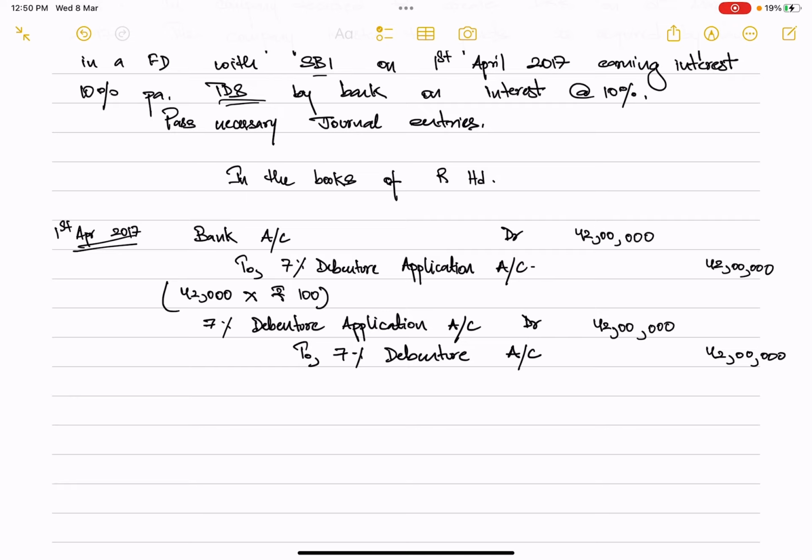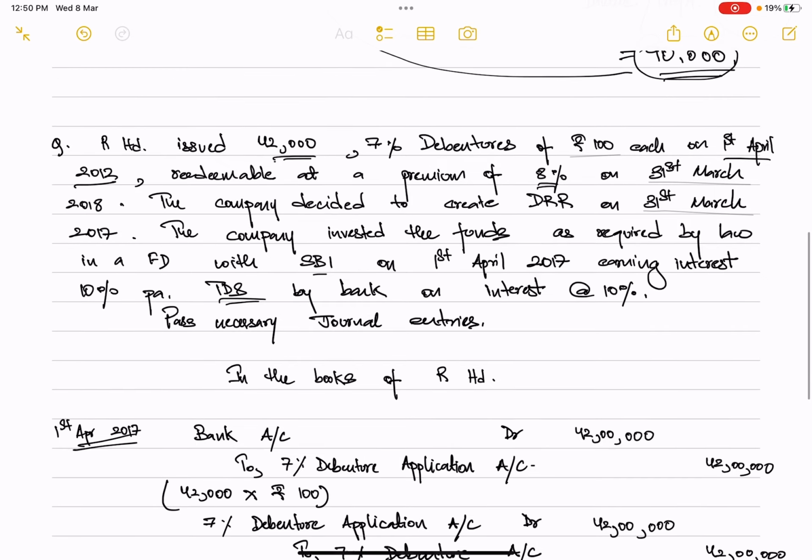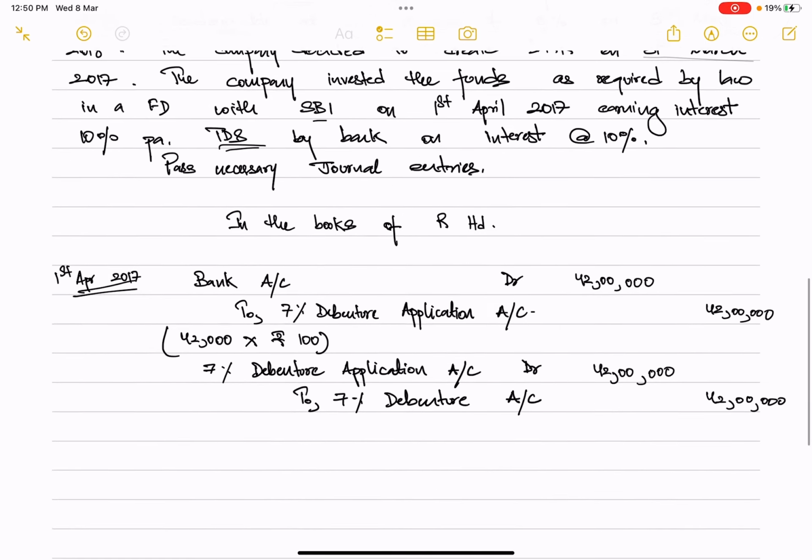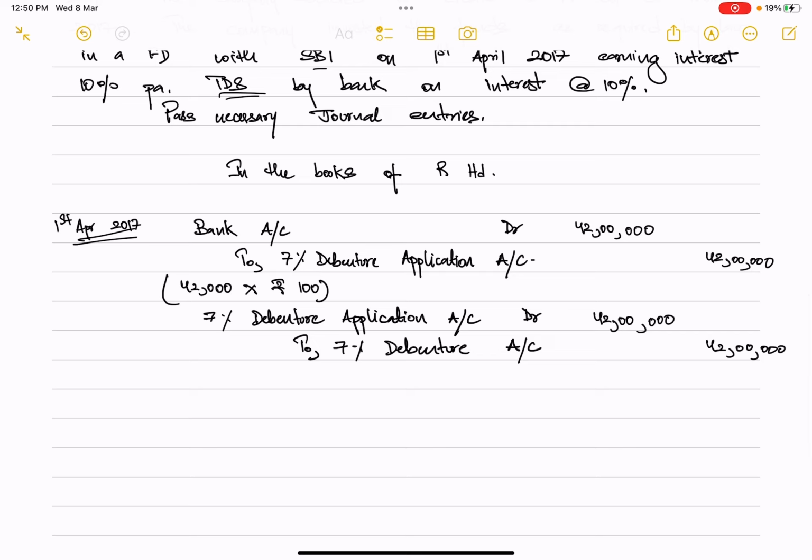Now, in the question, it is also stated that these debentures are redeemable at a premium. Whenever debentures are redeemable in the future at a premium, we need to make an additional entry. So this is the first entry we made. Secondly, for transferring application to the debentures account. Thirdly, for the premium that is to be paid on redemption.